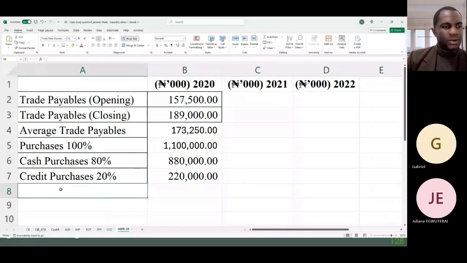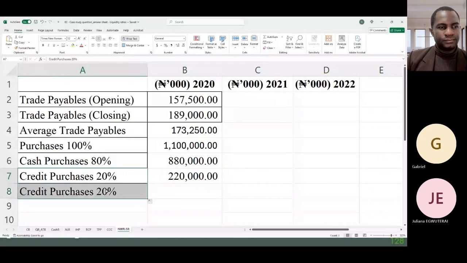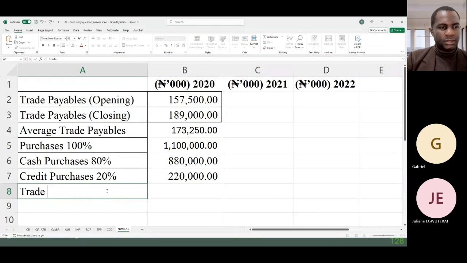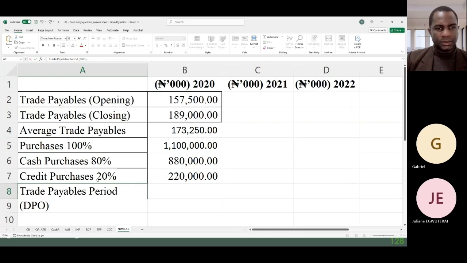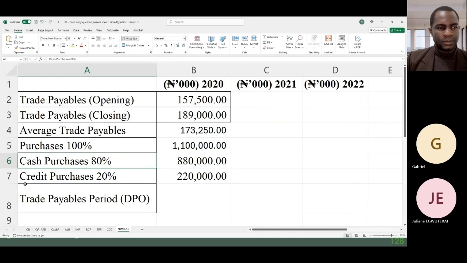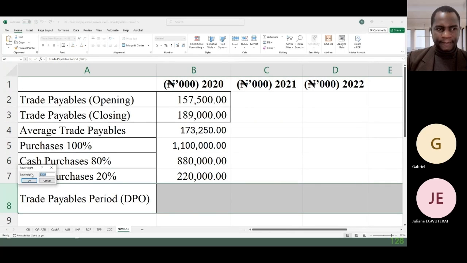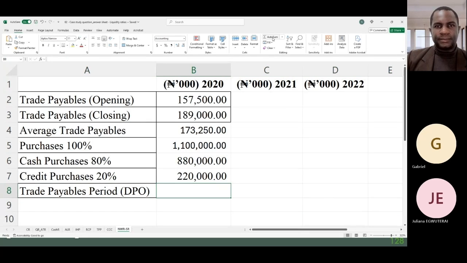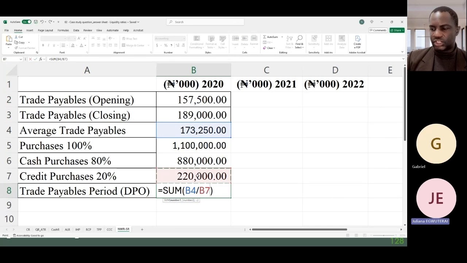So we now have our trade payables period, or our days payable outstanding. We have it as average trade payables divided by credit purchases, not cash, times 365 days.